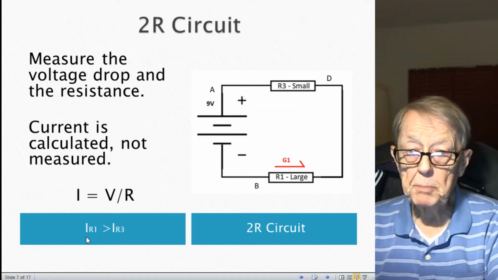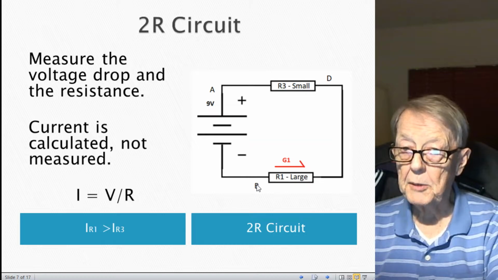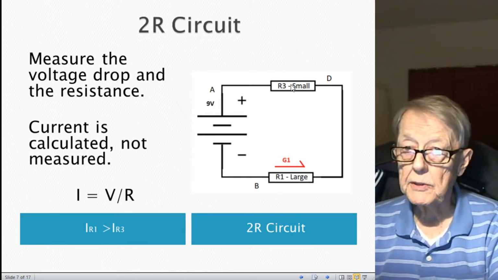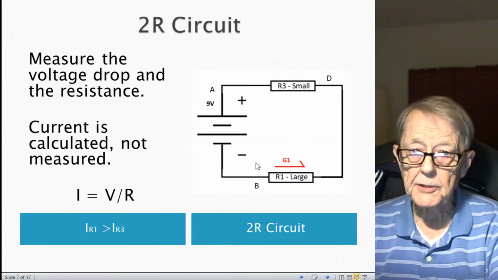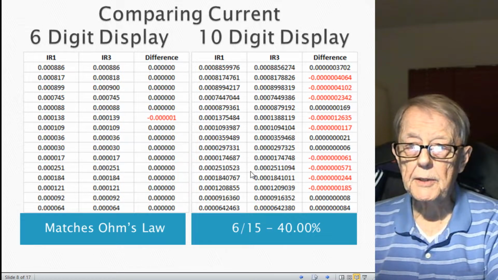And what I'm expecting in this result is the IR3 current is less than the IR1 because D is less than B. And the ratio of voltage to resistance should give me the current, but there is this one small difference. And this is the result.